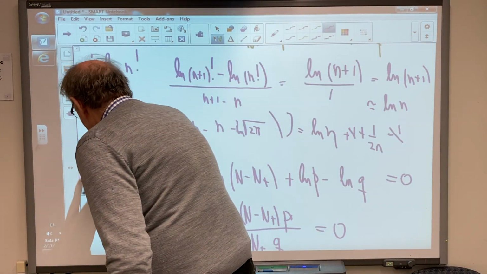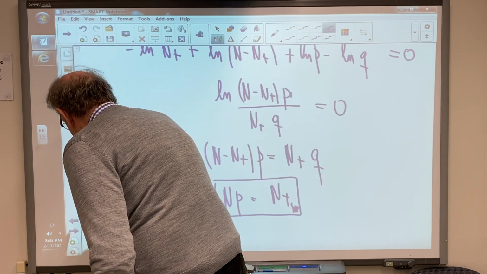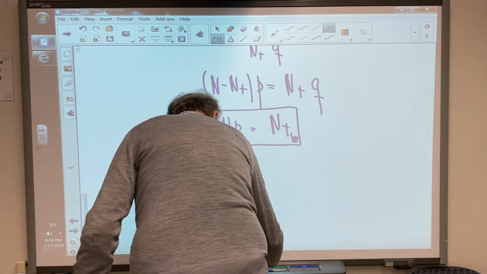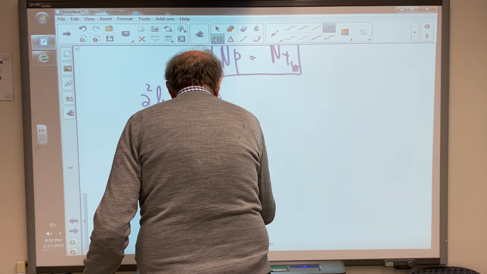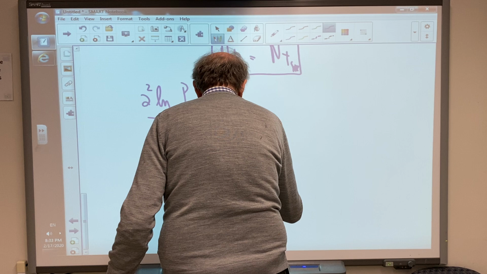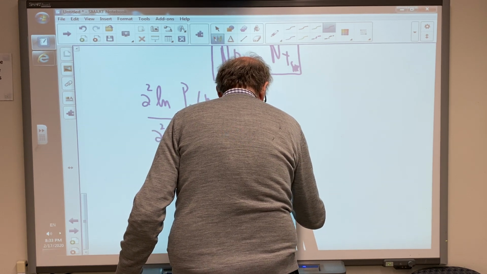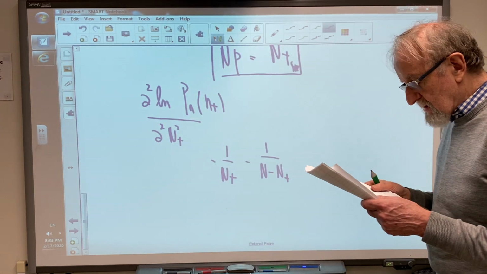So let me write the derivative. The second derivative is quite simple. The second derivative has only two terms that are minus 1 over n plus, minus 1 over n minus n plus. Did I write it correctly? Yes.